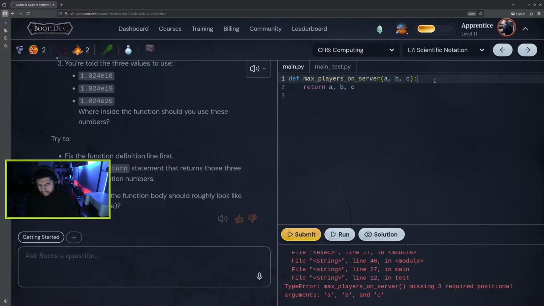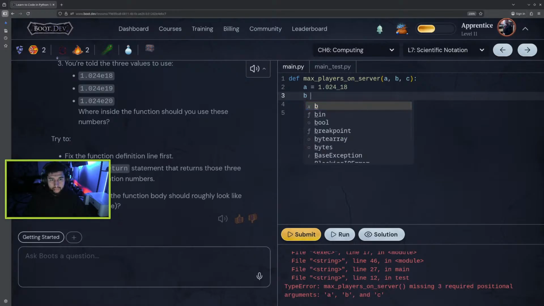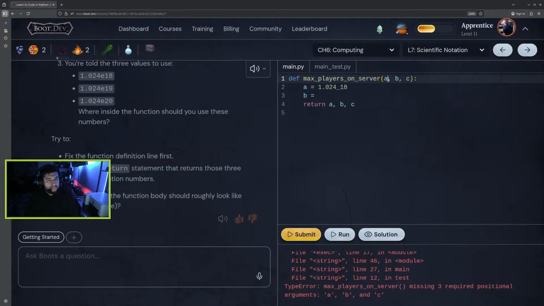Or maybe I do have to do that. Maybe I don't even have to do this up here.